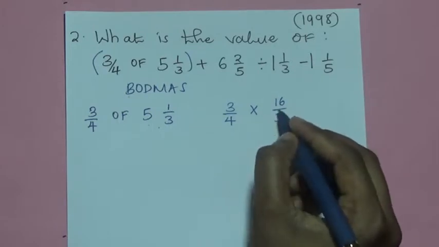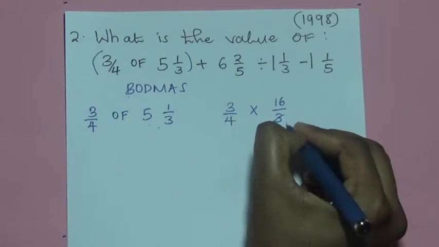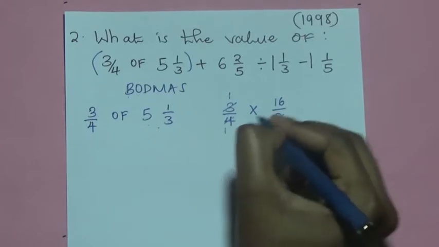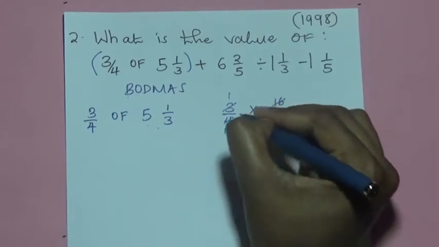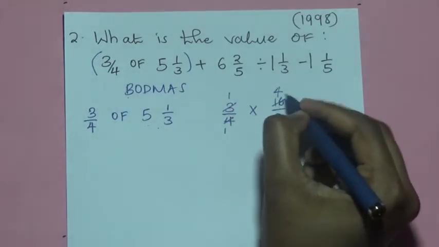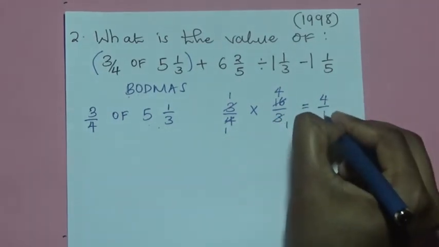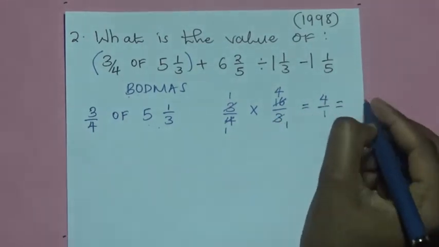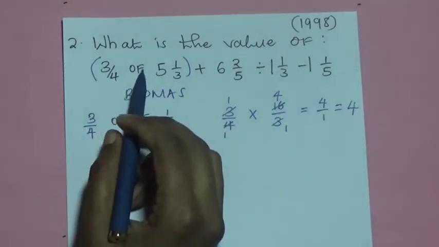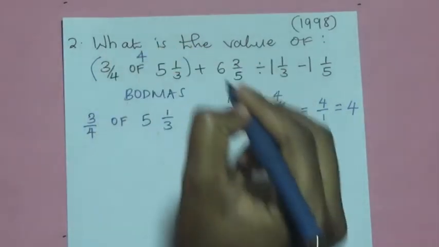Now we can work this out. First we can cancel the 3 by 3, 1, by 3, 1, and then by 4, 1, by 4, 16 divided by 4 will give us 4. So we will have 1 times 4 will be 4, and 1 times 1 is 1. 4 over 1 is the same as 4. Therefore, 3 over 4 of 5 and a third, the answer is 4.